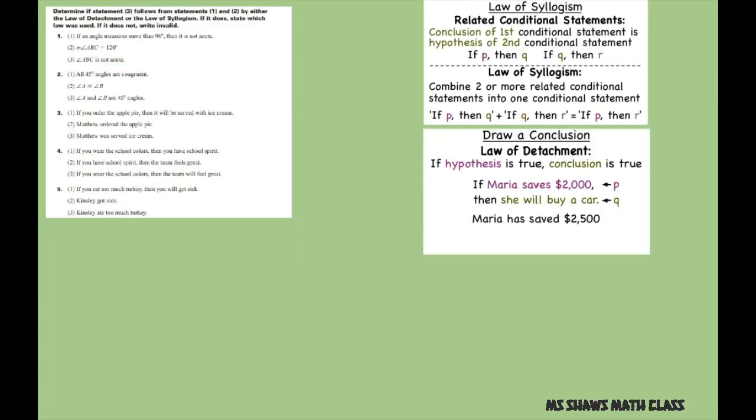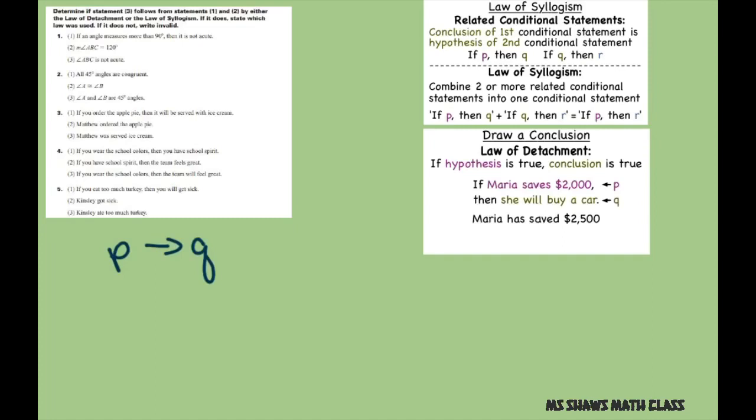All right, and the next one says, if all 45-degree angles are congruent, then P. Then our second statement is angle A is congruent to angle B, so that's Q. That means angle A and angle B are 45-degree angles.